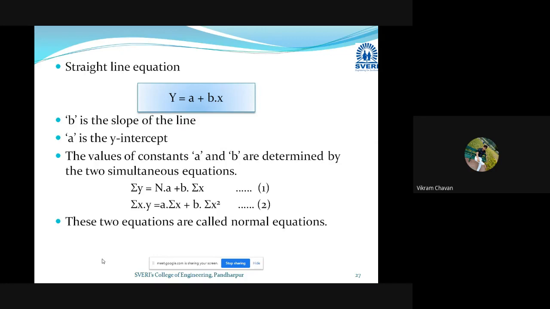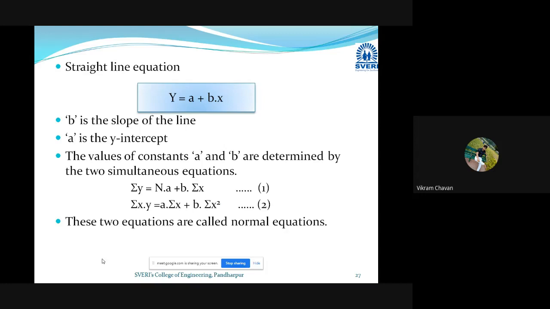The first equation is related to the straight line. We can write the straight line equation as y is equal to a plus bx, where b is the slope of the line and a is the y-intercept.